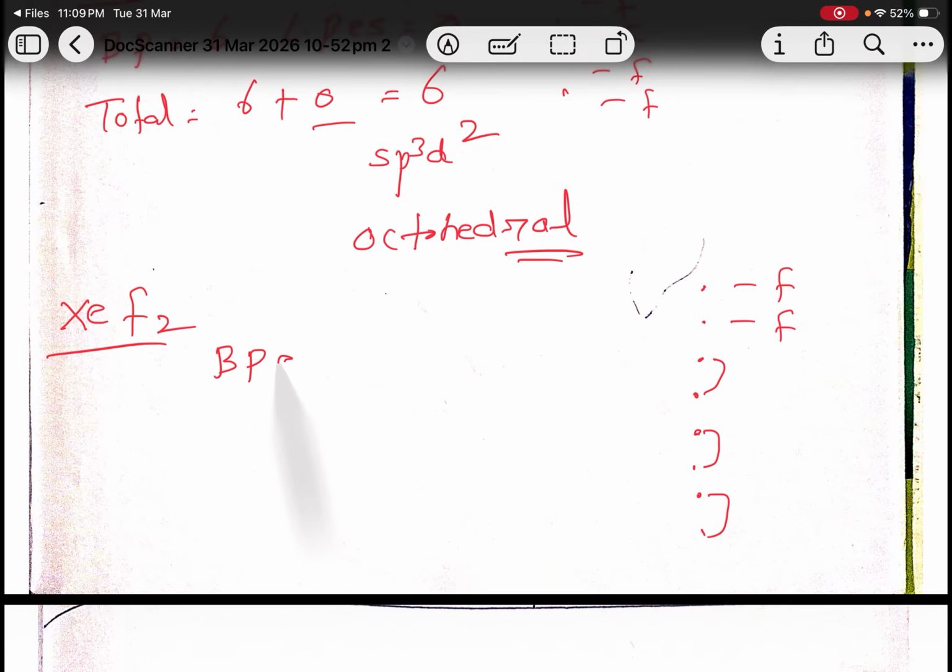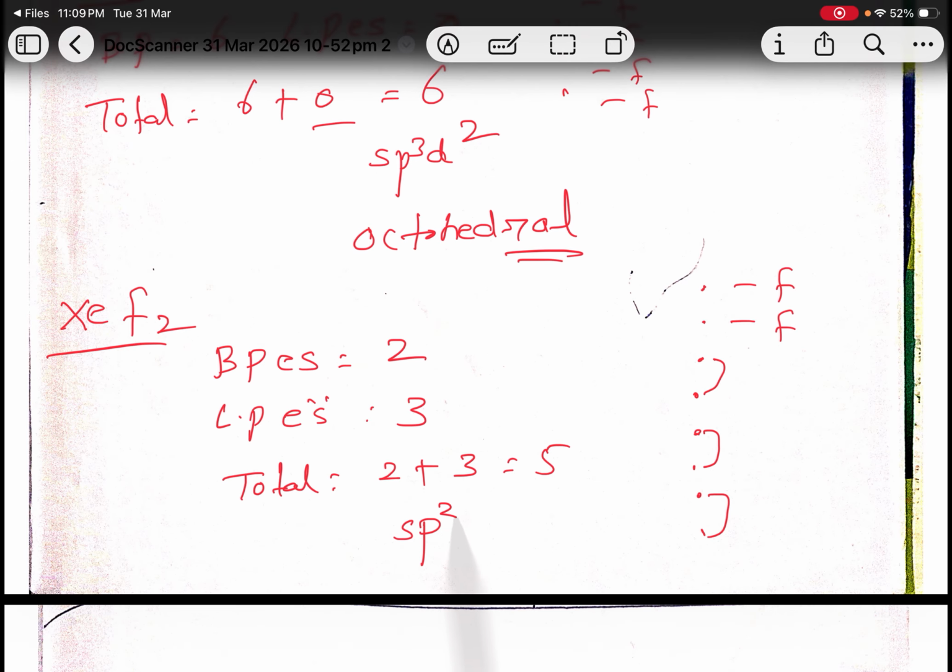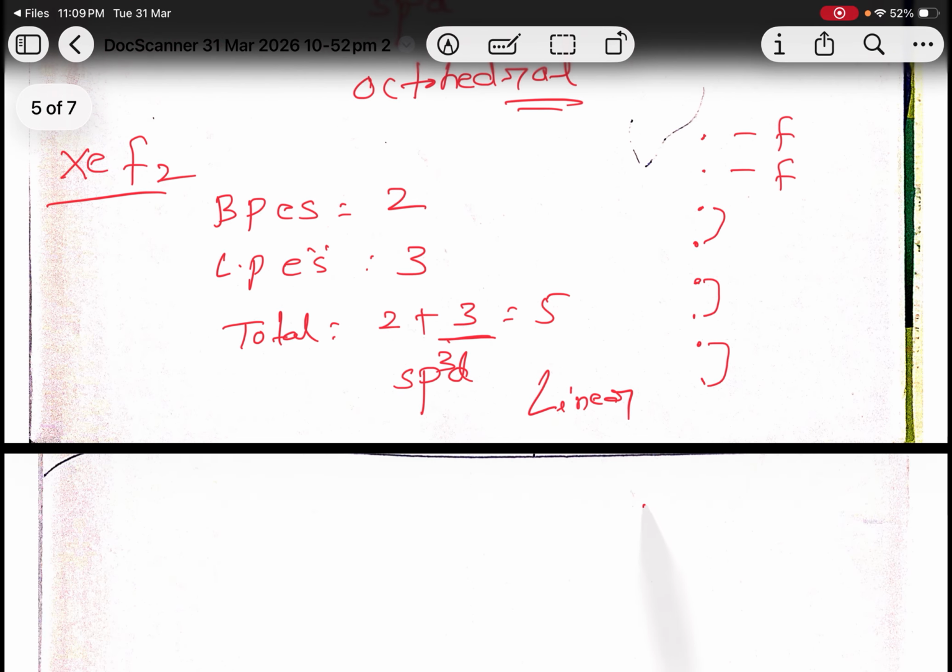So number of bond pair of electrons equals 2, lone pair of electrons equals 3 pairs. So total equals 2 plus 3, total 5. 5 means sp3d hybridization with 3 lone pairs means linear. 3 lone pairs means linear. So the shape of the molecule is like this, which contains 3 lone pairs.